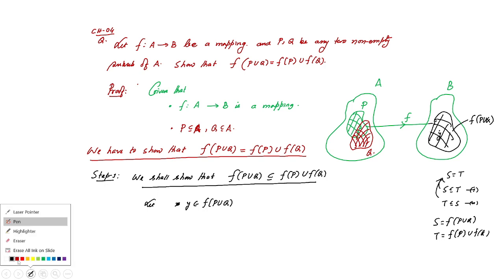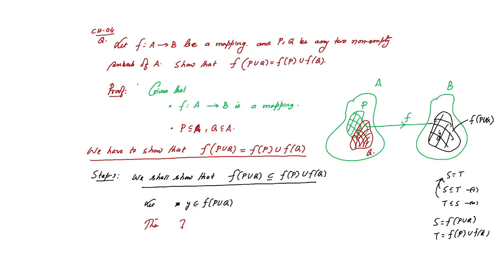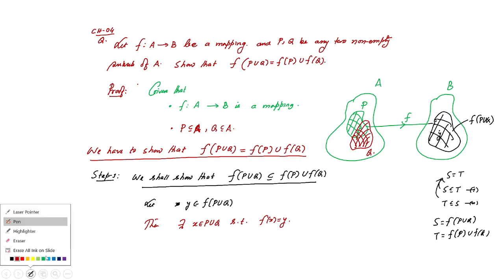Now see, y is basically in the image of P union Q. So then by definition, there exists an x belonging to P union Q such that f(x) equals y.